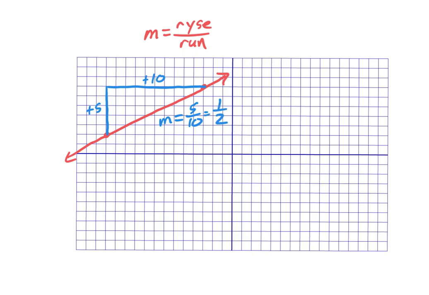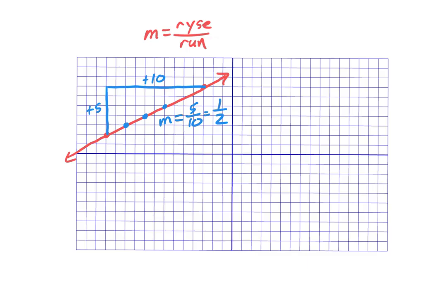Okay, up 1 over 2. And what that means is every time I go up 1 and over 2, there should be another point there. That's what we did the other day when we graphed. There would be a bunch of points on that line. So any 2 points on that line would help me to find that slope.